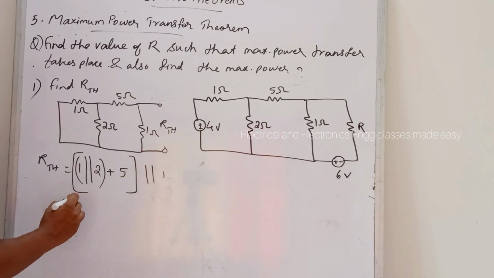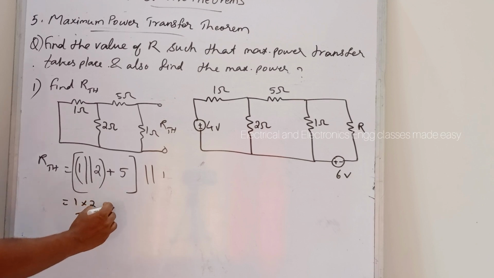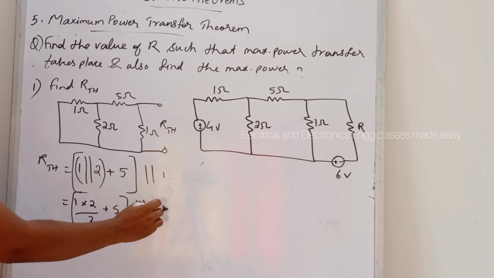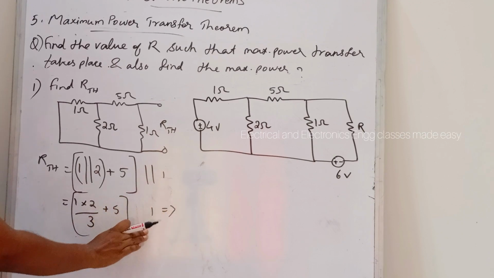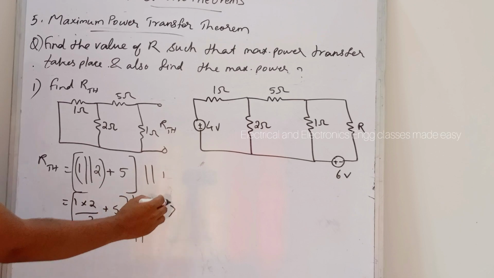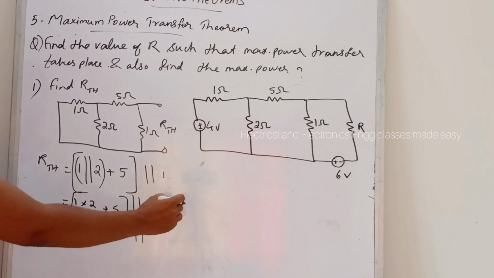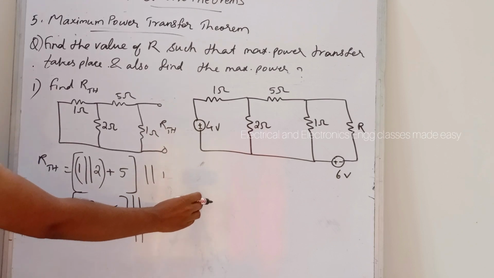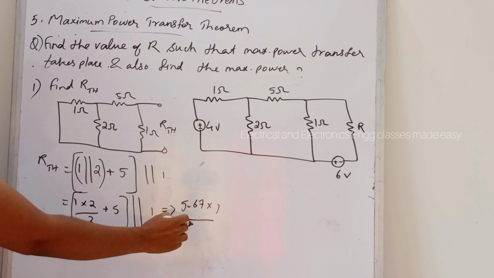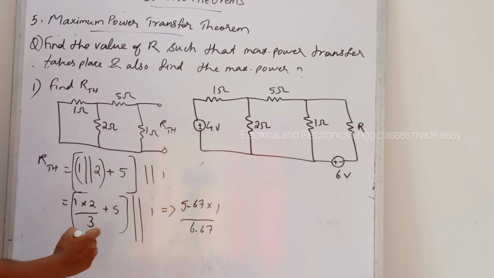So we can write 1 into 2 divided by 3, plus 5, in parallel with the 1 ohm resistor, that is 2 by 3 is 0.67. So we get 5.67 into 1 divided by 6.67, and that is equal to 0.85 ohm. So this is the value of RTH.